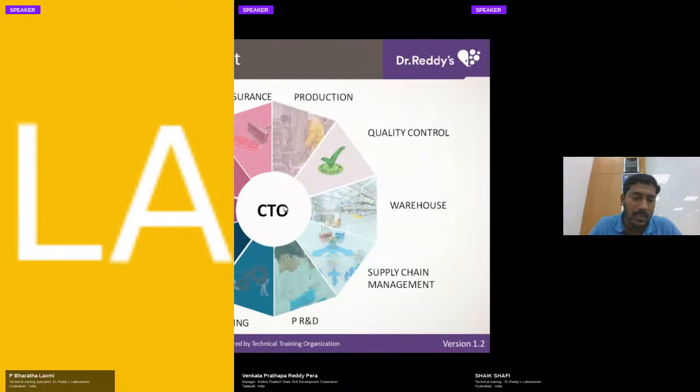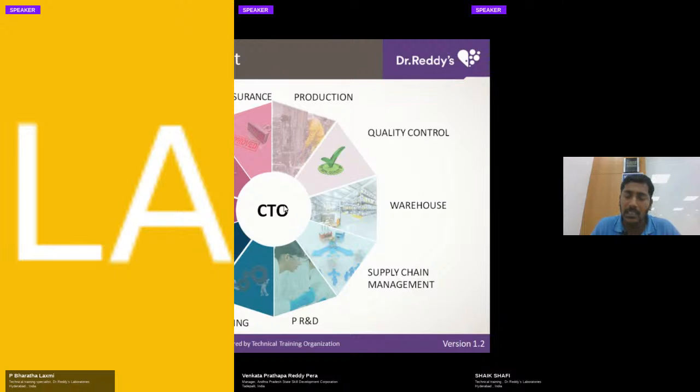Process R&D is responsible for troubleshooting and improving the process. The engineering services department is responsible for maintenance of equipment, breakdown maintenance, and supporting the production activities. HR and finance are responsible for employee welfare, payroll, and hiring.